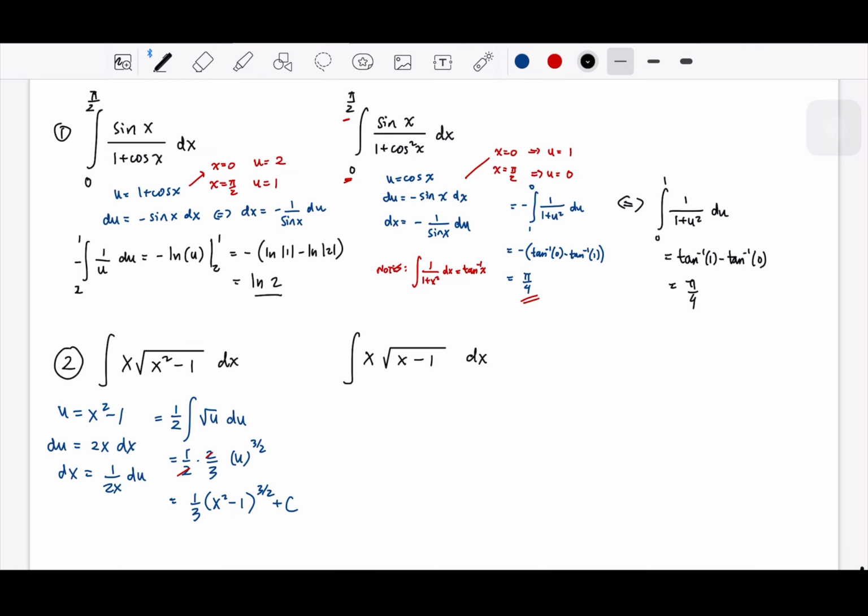Yeah, you can try. Any idea how to solve the last one here?